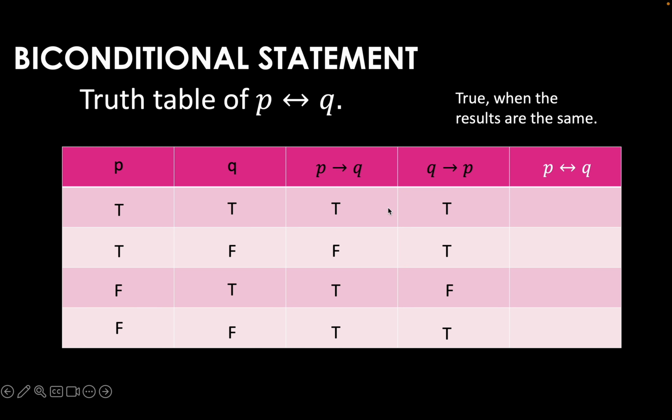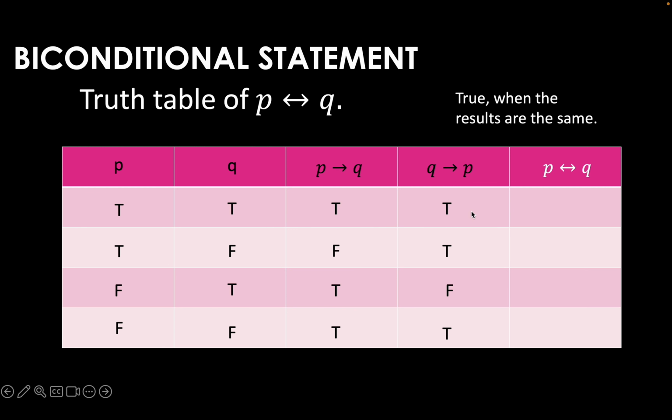And if the result is false in the conditional statement and false also in your converse statement, the answer for your P if and only if Q is true also. Again, true, true, true; false, false, true. Then true and false is false, and false and true is false.